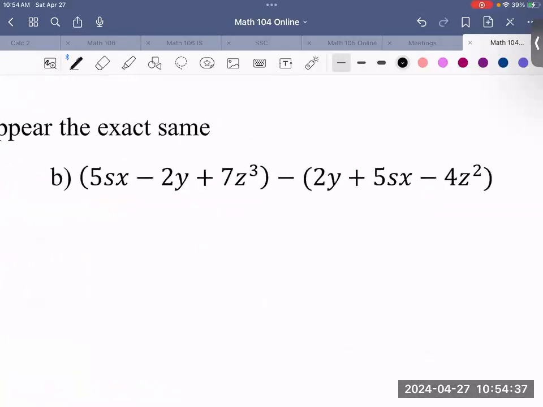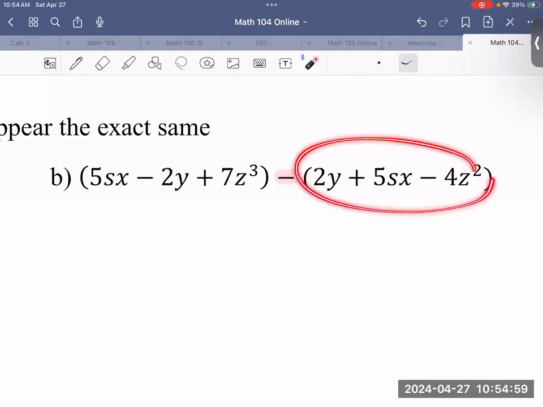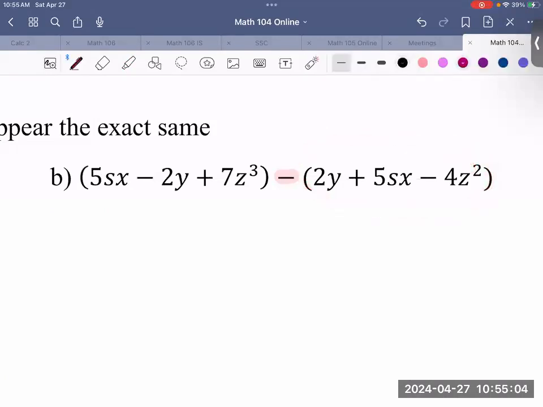So something like this, 5x minus 2y plus 7z cubed, minus 2y plus 5x minus 4z squared. So with this one, because we have a subtraction sign, that does mean that we are not able to drop your parentheses right away. Instead, that just means we have to multiply this whole thing by a -1. How we do that is just by changing all of your signs.